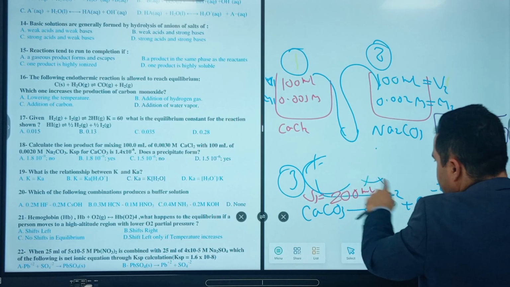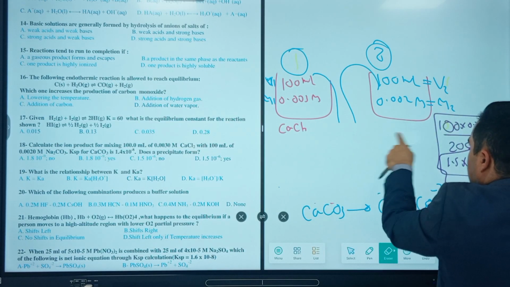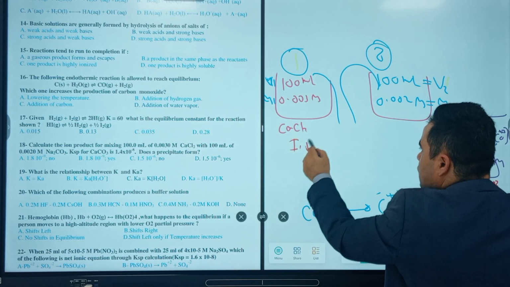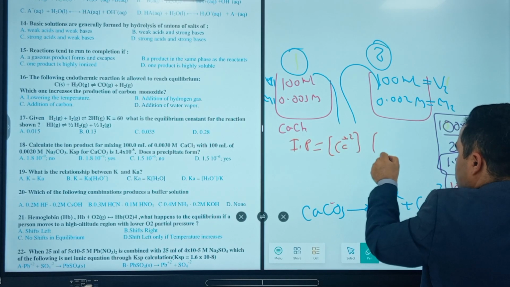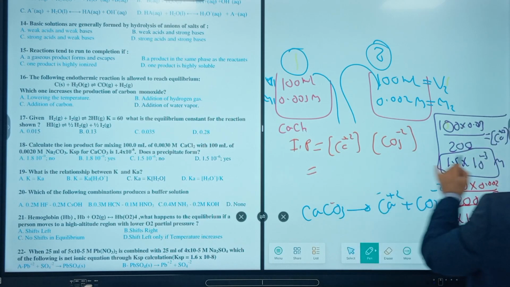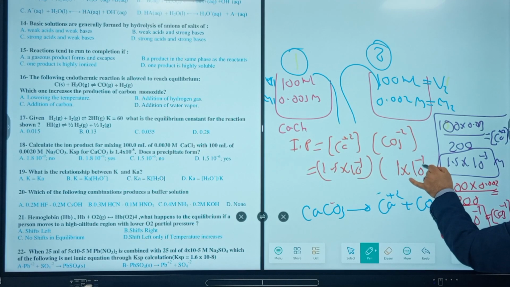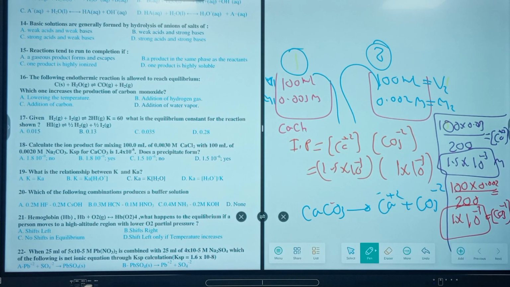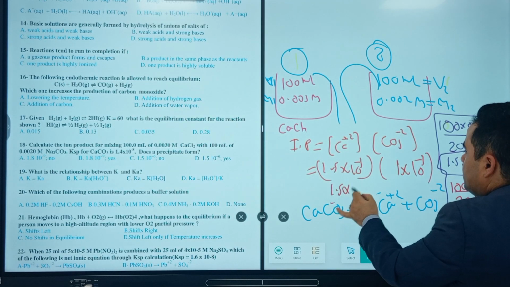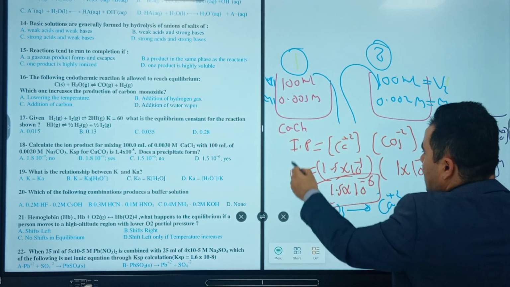IP is equal to the concentration of Ca multiplied by the concentration of CO3: 1.5 × 10^-3 multiplied by 1 × 10^-3 is equal to 1.5 × 10^-6. This is the IP, guys.